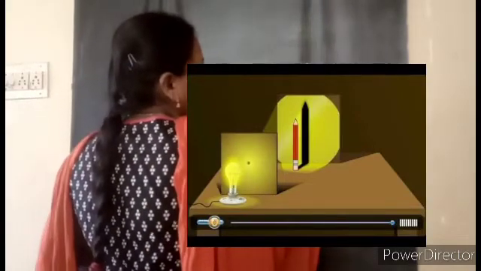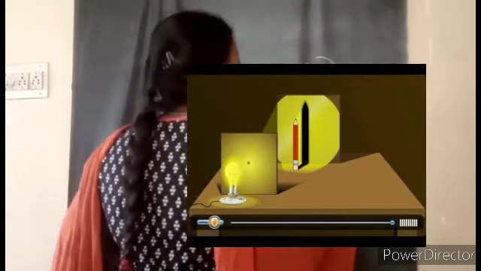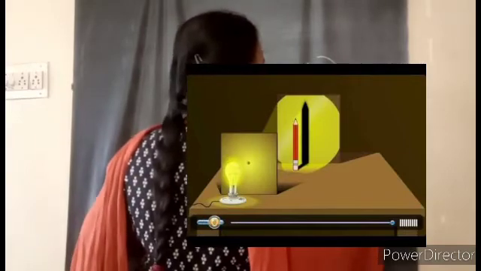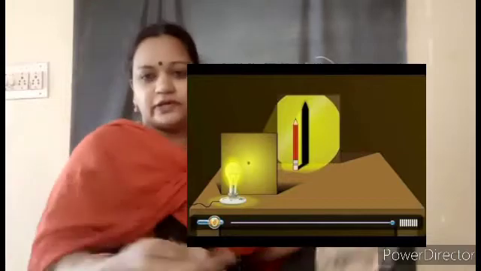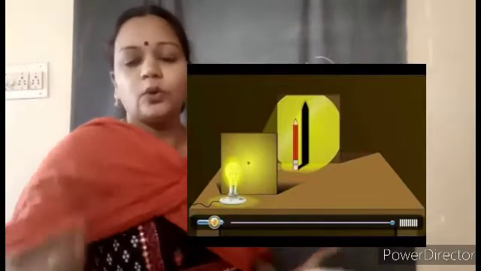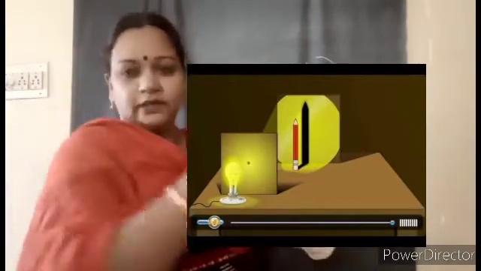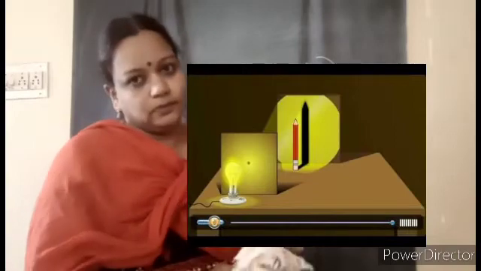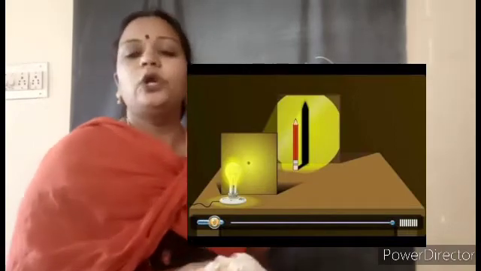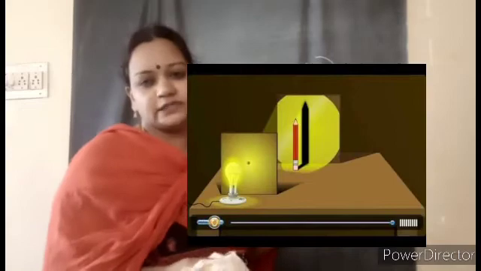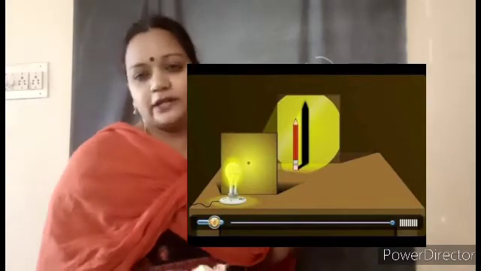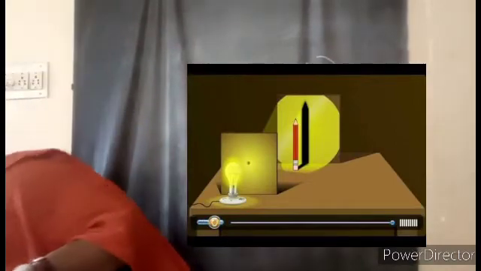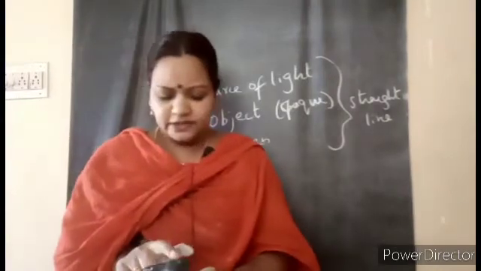So all these three should be in a straight line, or else you cannot get the shadow on the screen. Even now, when I am not holding the source of light, when it is not falling on the opaque object, all the three should be in a straight line, or else we will not be able to get the shadow.